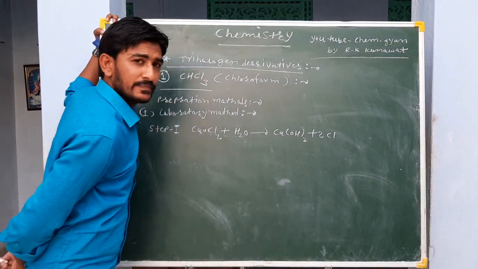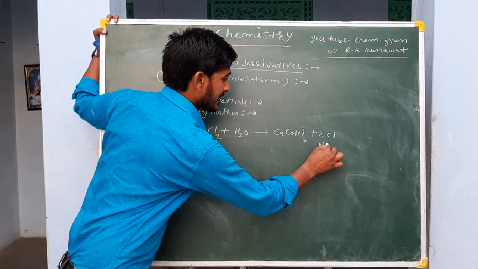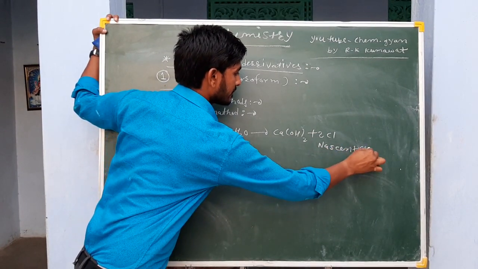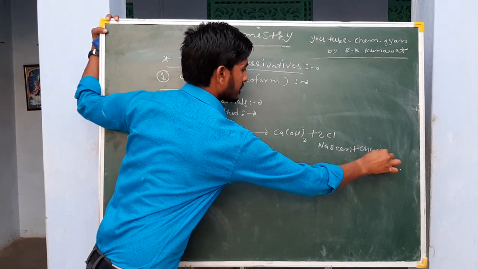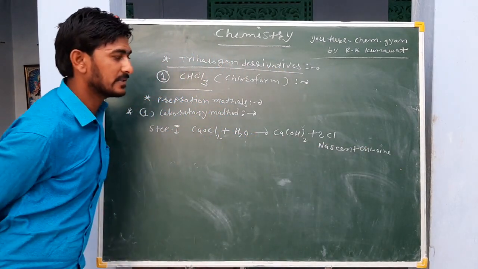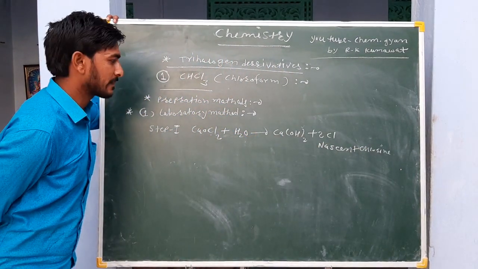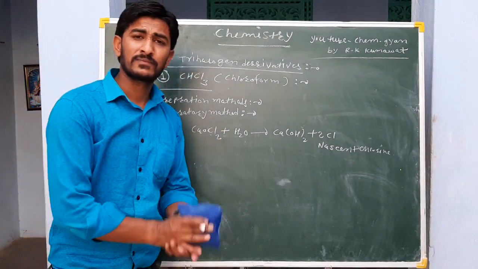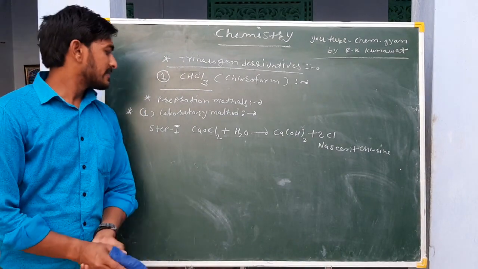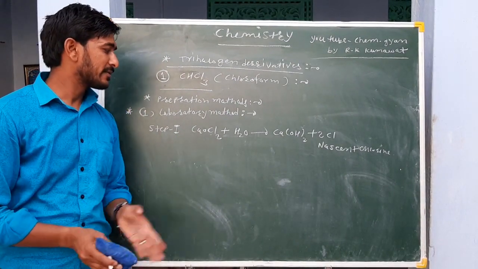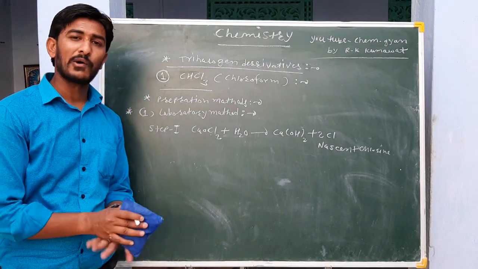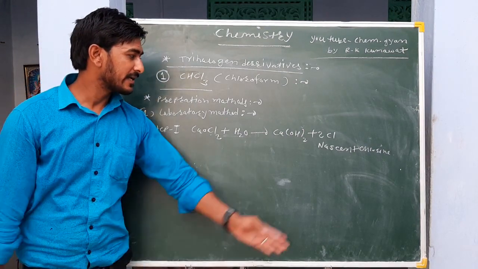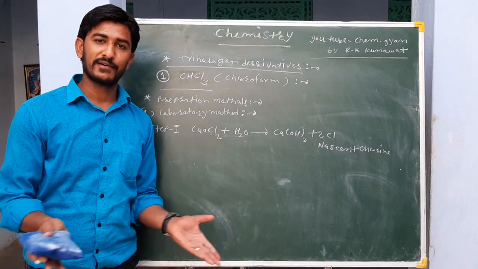Cl atom is known as nascent chlorine, नवजात chlorine. In the laboratory method, calcium oxychloride bleaching powder reacts with water molecule, and calcium hydroxide and nascent chlorine are formed in the first step.